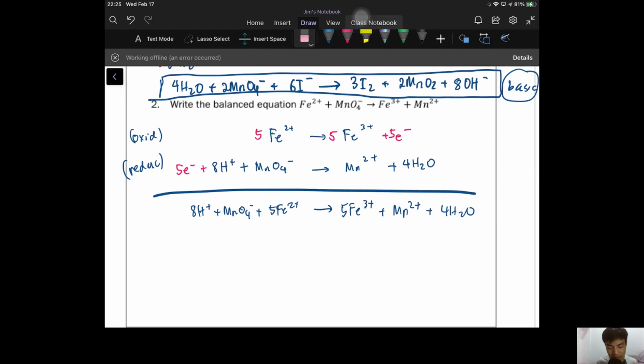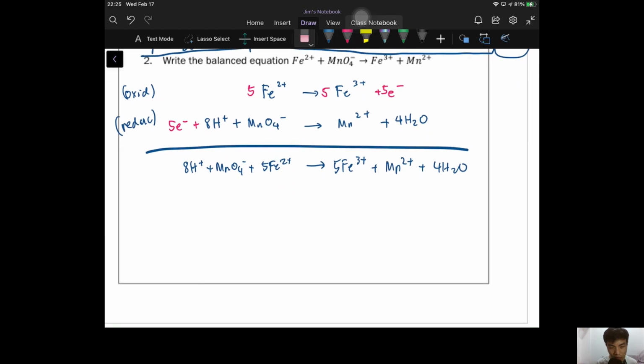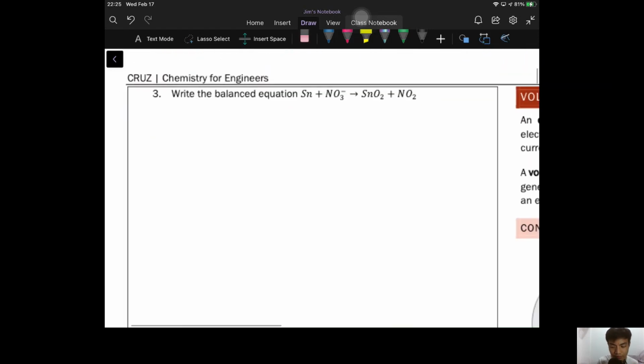Okay, so the balanced equation will be 8H plus, MnO4 minus, plus 5Fe2 plus producing 5Fe3 plus, Mn2 plus, 4H2O. Yan yung balance equation. Proceed tayo sa next one.